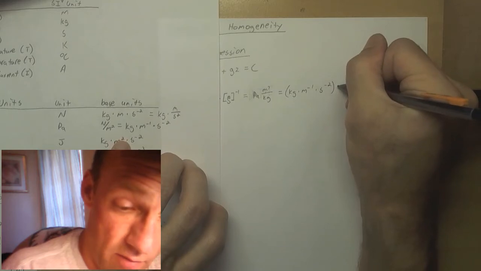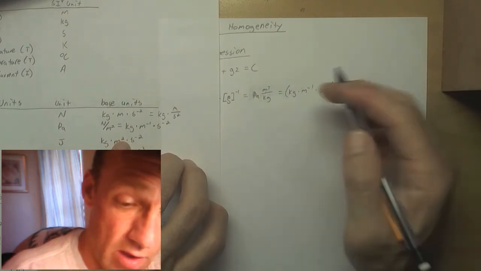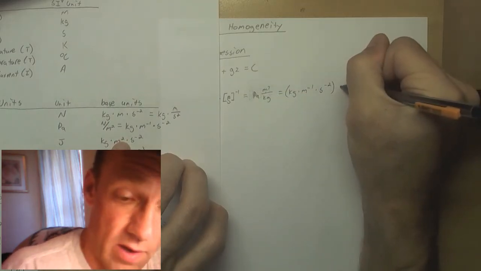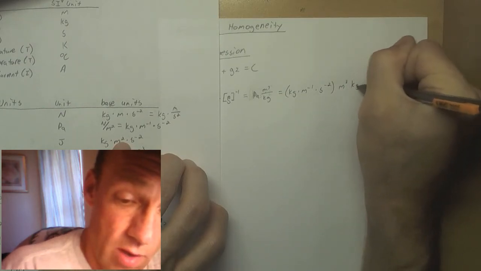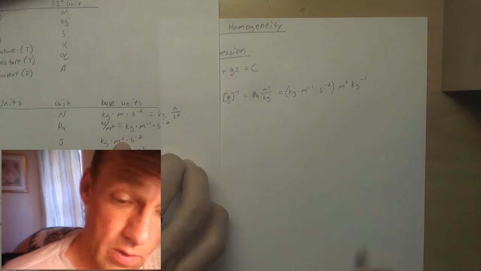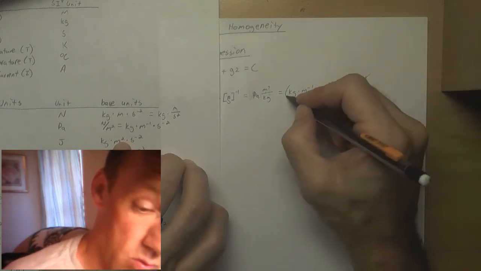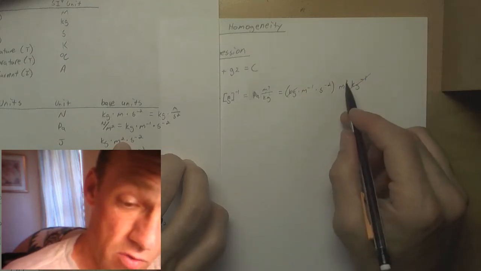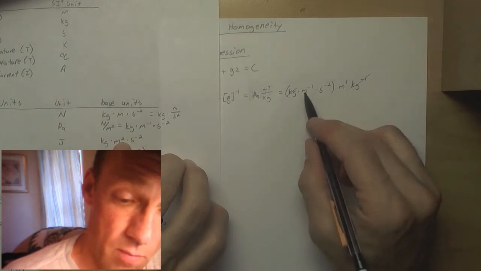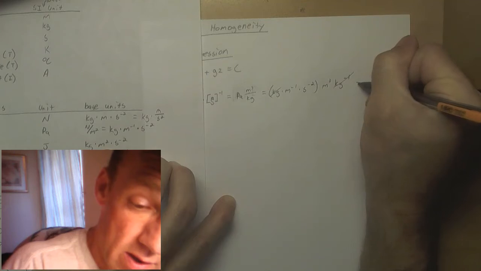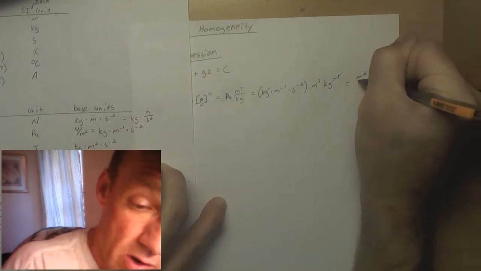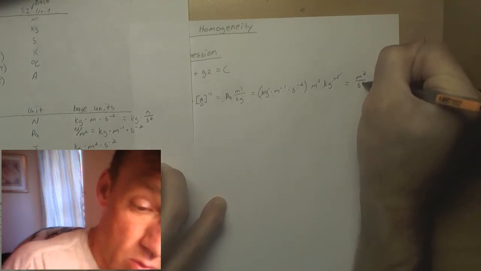Then I just have meters and kilograms, which are already in base units, so I got meters cubed and kilograms to the -1. All right, so the kilograms cancel. I got meters raised to the third power, and then again meters raised to the -1st power. So I get meters squared over seconds squared.